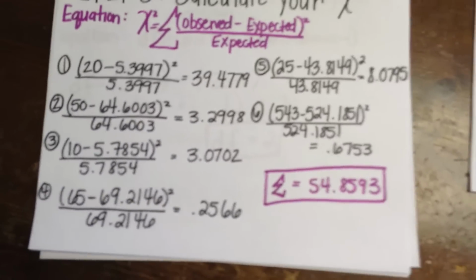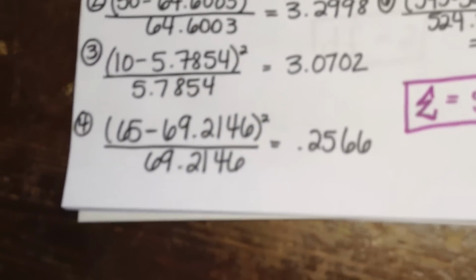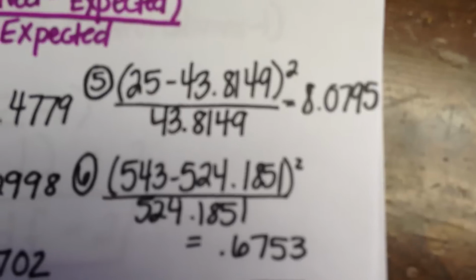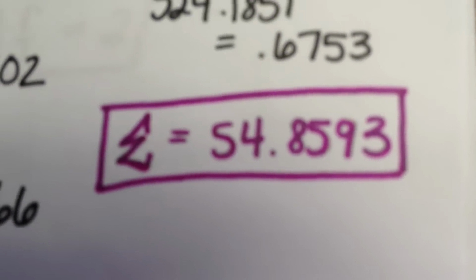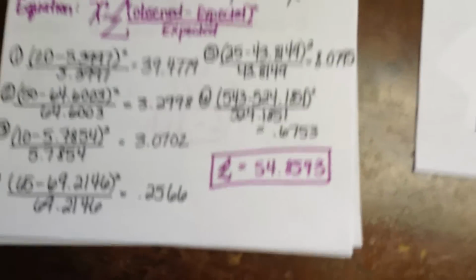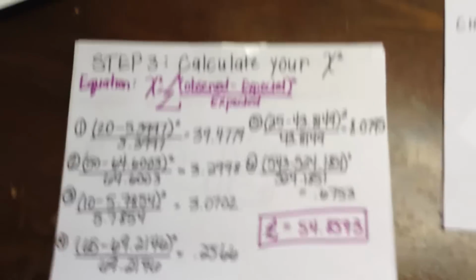You do this for each one of your rows and each one of your cells. You add them all together to get your chi-square value. Feel free to pause at any time to write down information.